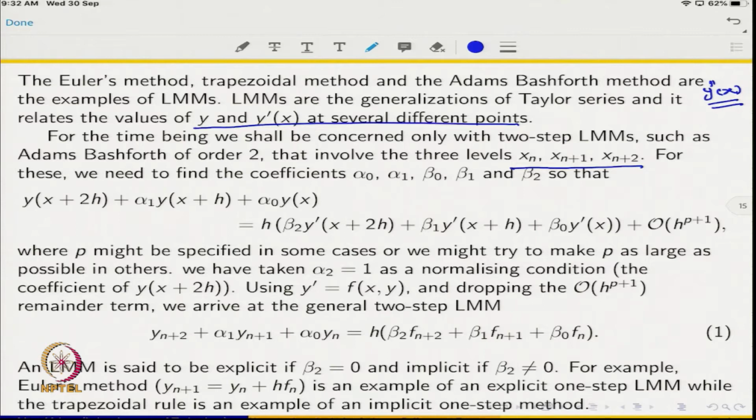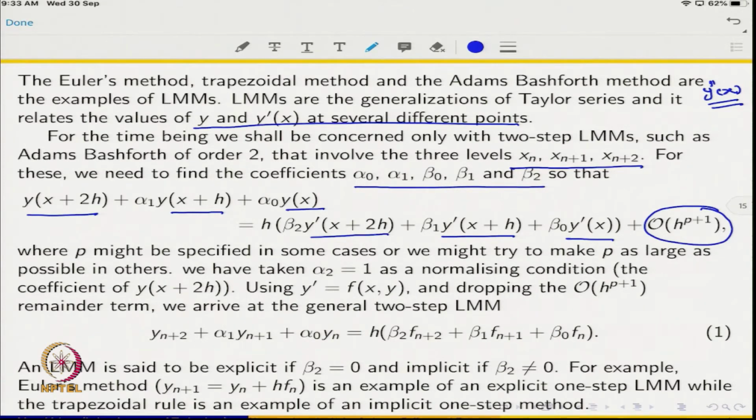For these we need to find the coefficients alpha 0, alpha 1, beta 0, beta 1 and beta 2, so that we are writing y x plus 2h, y x plus h, y x as well as the value of its derivative at x plus 2h, x plus h and x. And alpha 1, alpha 0, beta 2, beta 1 and beta 0 are the coefficients which we will be choosing accordingly, and this is the truncation error.